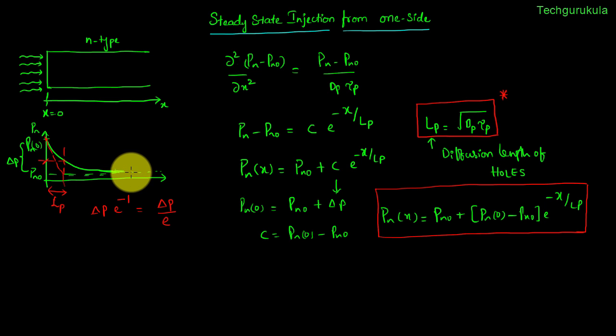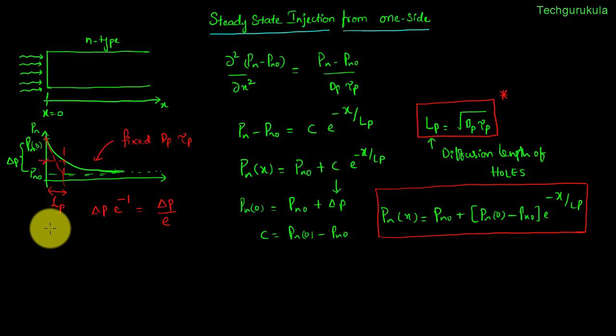To understand why the diffusion length depends on Dp and tau p, let me take an example where, for this graph, Dp and tau p are fixed. Now for case 1, let me assume Dp is increased. Dp basically tells us the ease with which the carriers move in the semiconductor. If Dp increases, the carriers would move faster, which means before they recombine, they would have moved an extra distance.